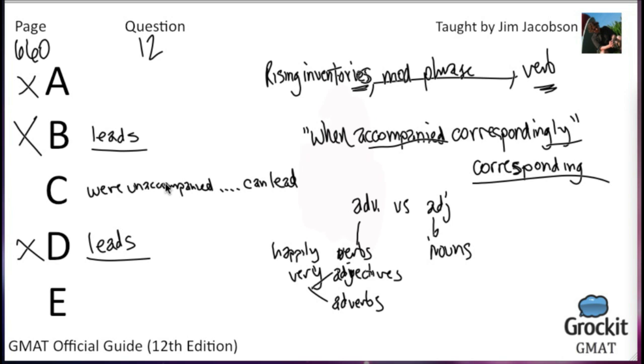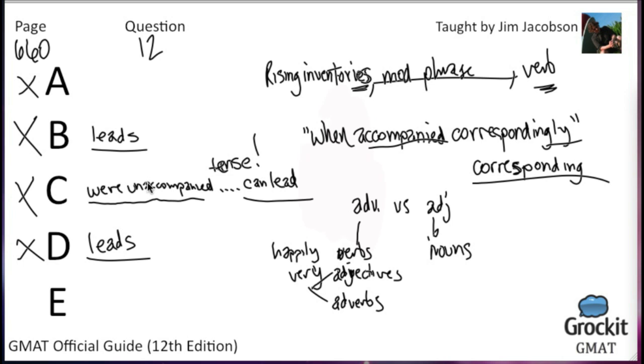When they were that, they can do this now. You could say when they were this, they could do this in the past, could being the past tense of can. Or you could say when they are unaccompanied, they can do this now. But having the past tense circumstance and the present tense functionality doesn't work. Tense is the issue with C, so that's naughty.